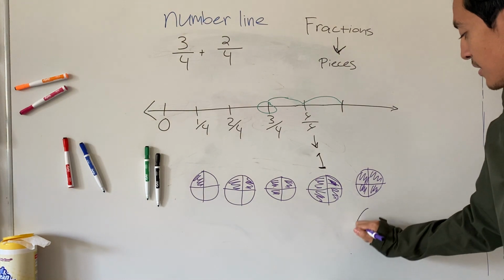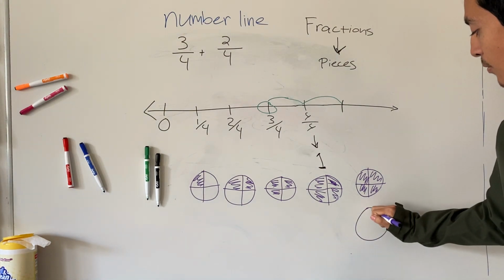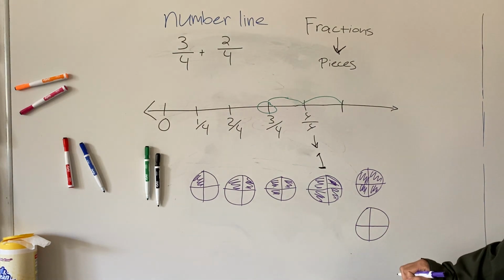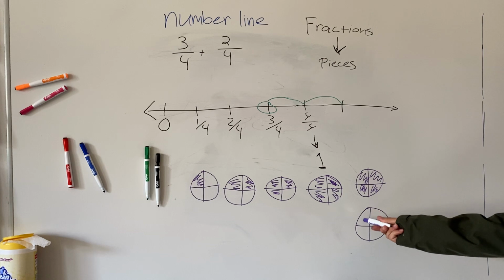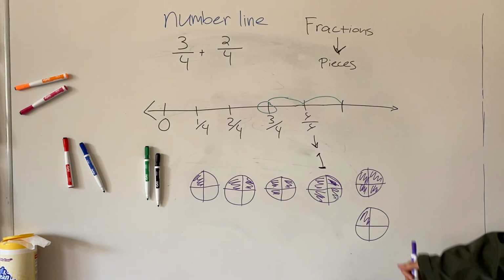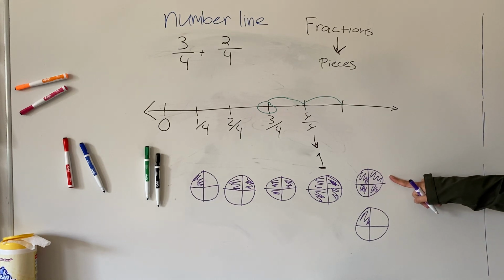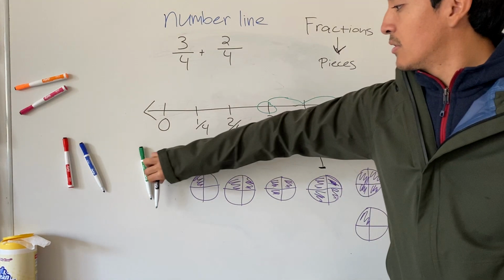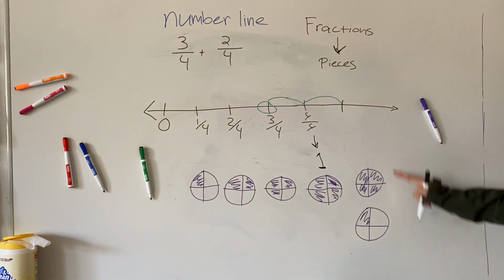we're going to have to add on another circle with 4 pieces. And how many of them do you think are going to be shaded in? Just 1. So now look, now I have a clear number of what this should be here. How many wholes do I have here?